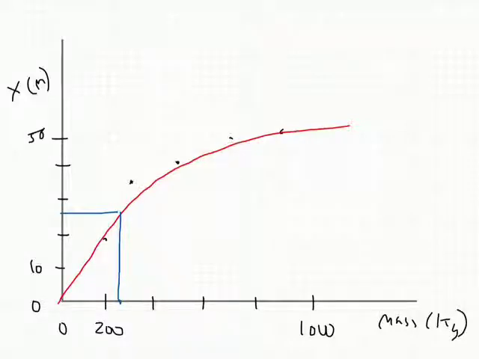Now, if you drew a different curve, like this orange one, maybe you really like that point that I left out as an outlier. So maybe you did something that looks more like that. Then we would trace a slightly different spot. We would trace up like this, and then over like that, and we might get more like 30-ish meters.